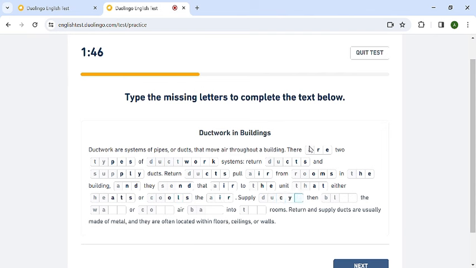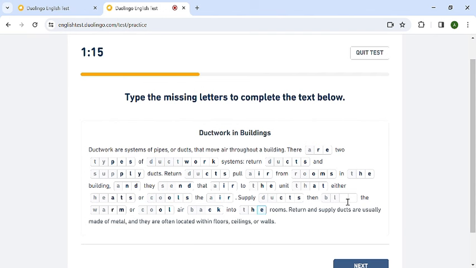Supply ducts then send warm or cool air back into the rooms.